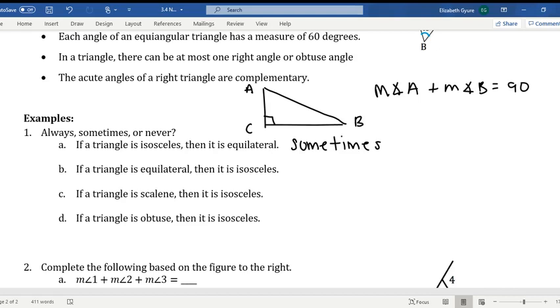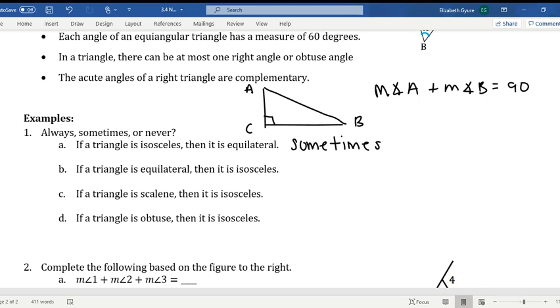If a triangle is equilateral, then it is isosceles. What about this one? Justin? So for this one, think about it as that previous statement but flipped around, isn't it? So if it's isosceles, then it's equilateral. That one's sometimes, because an isosceles triangle could be equilateral.